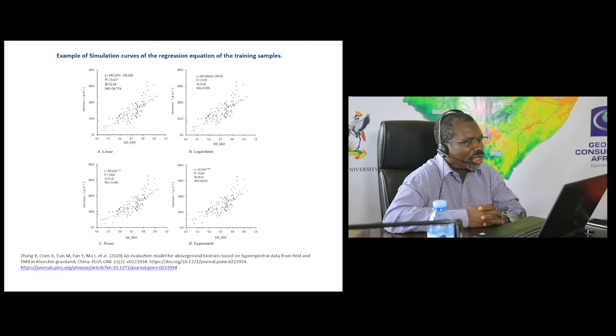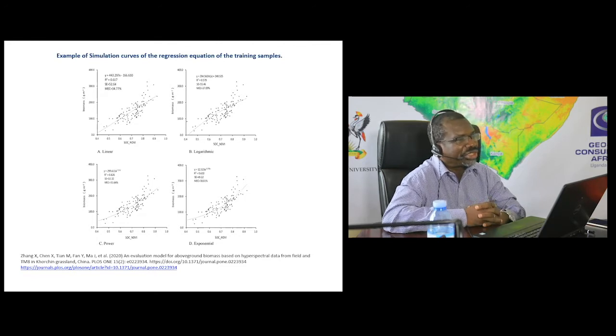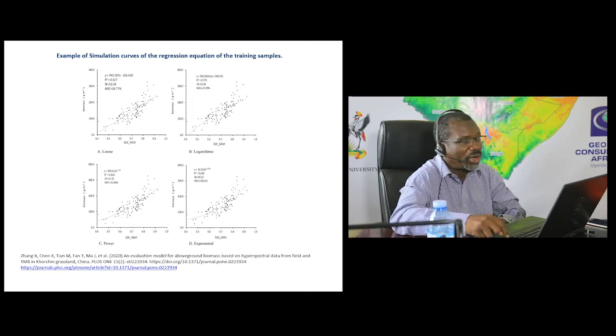But those are fewer cases, when the forest or the trees have reached maturity. But generally, there is a very strong relationship between biomass and the normalized difference vegetation index.